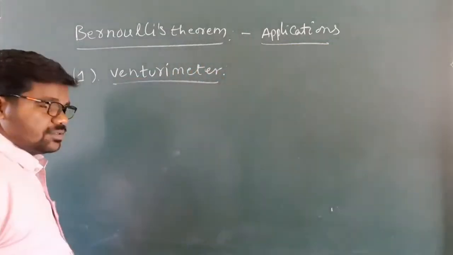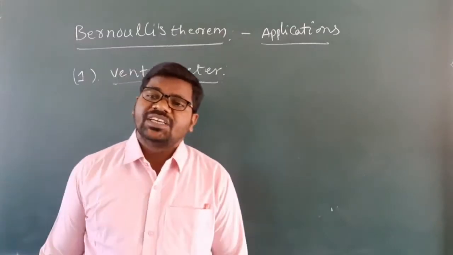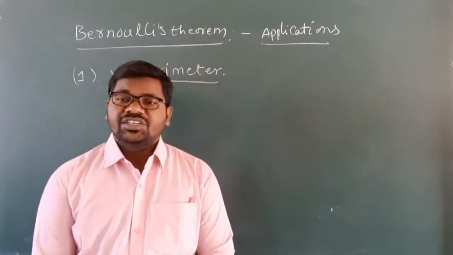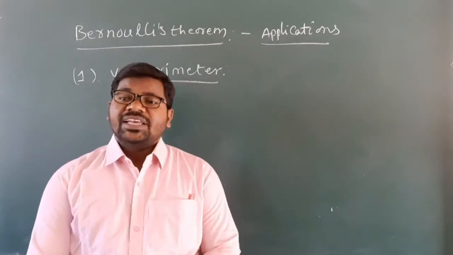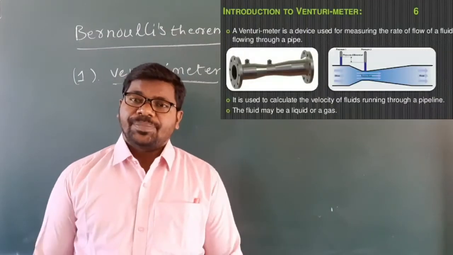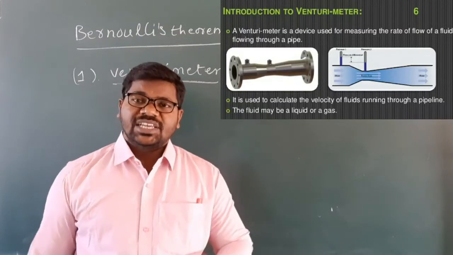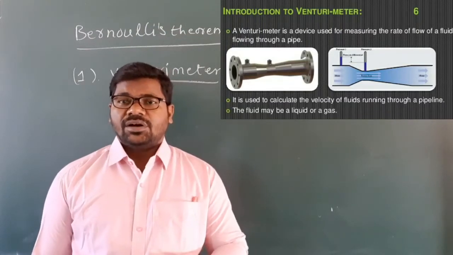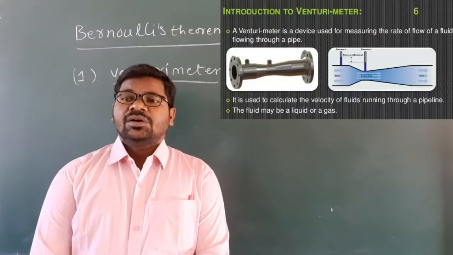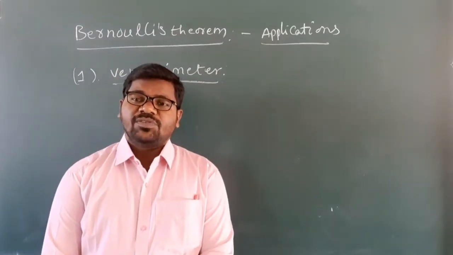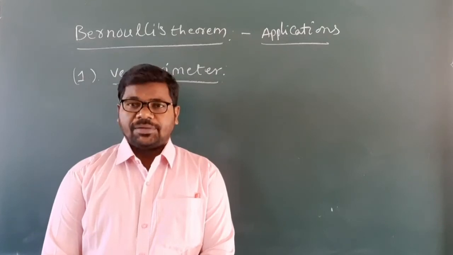The Venturi meter is a device based on the principle of Bernoulli's theorem. It is an instrument that measures the flow speed of an incompressible fluid through a pipe.